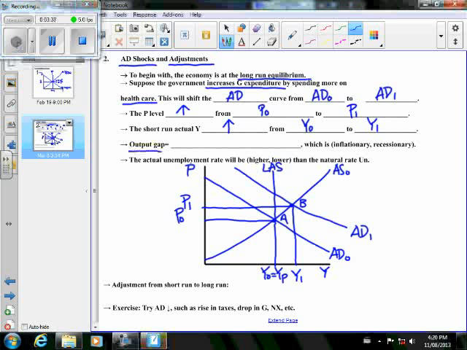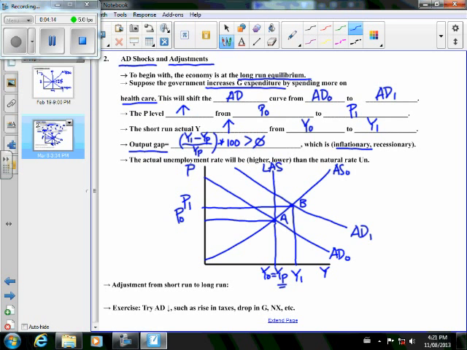What is the output gap? Defined as the new GDP, which is Y1, minus the potential GDP, which is YP, new minus old divided by the old, times 100, just to give us the percentage. This, as we can see graphically, will be positive, and therefore this is an inflationary gap.